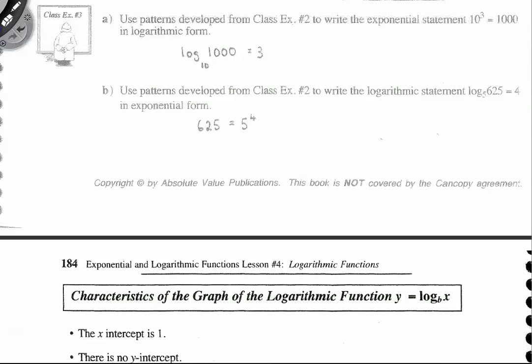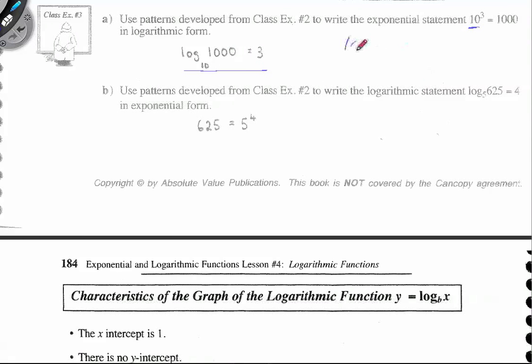Example 3. Use patterns developed from class example 2 to write the exponential statement for 10 to the 3 equaling 1,000. Now if we do this in log form, this gets logged, and 10 becomes the base number. 10 is the base, and we're solving for 3. So we log the 1,000. 10 is the base, we solve for the exponent.